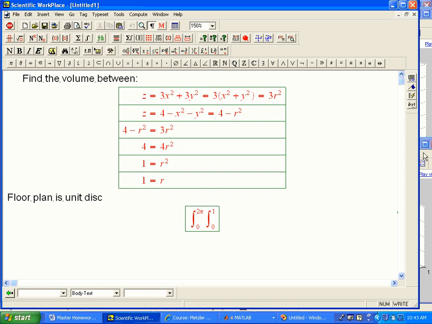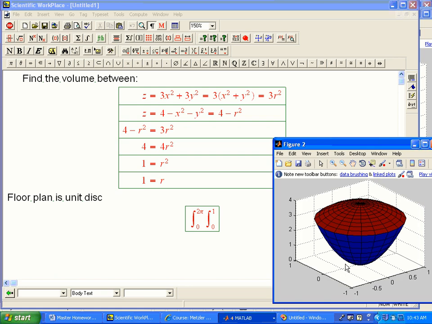And then the height, well, let's see. If we find the volume of this guy, for each point in the unit circle in the xy plane, we're going to be looking at the difference between the height of the top and the height of the bottom. We've done one like this before, where we just basically find the volume under the red minus the volume under the blue. Or another way to think about it is we just take a little column over any point in the xy plane.